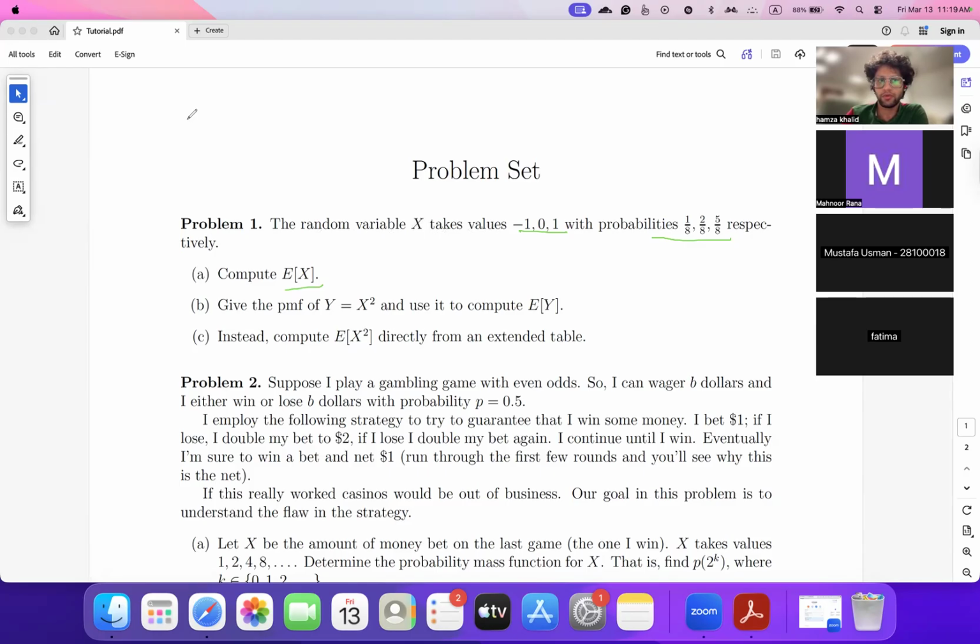So initially, I just want to solve it like this: your random variable can take on these three realizations, and the PMF, or just the probability, is correspondingly 1 by 8, 2 by 8, and 5 by 8, right? And now I want to find out the expectation. How would that go?